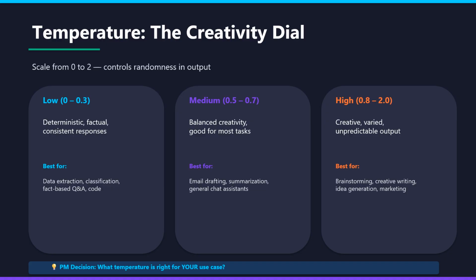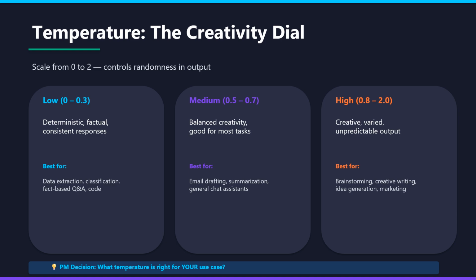The output sounds natural, not robotic, but stays coherent. High temperature, 0.8 to 2.0: creative, varied, unpredictable output, best for brainstorming, creative writing, idea generation, and marketing copy. The model takes more risks, sometimes brilliant, sometimes incoherent.